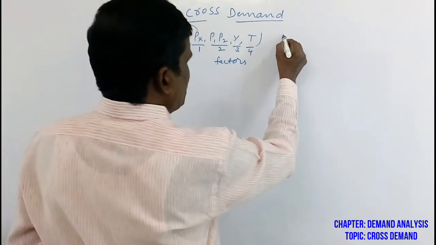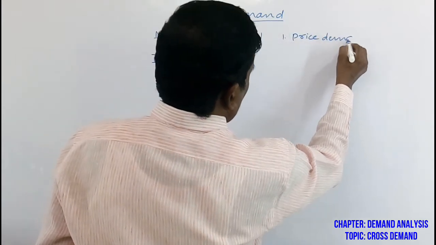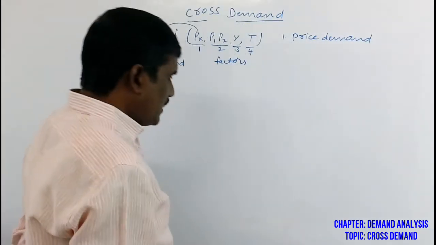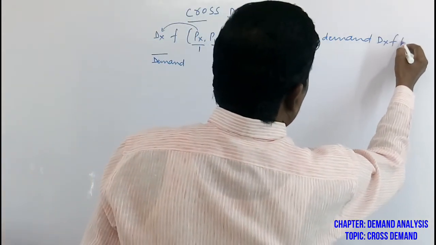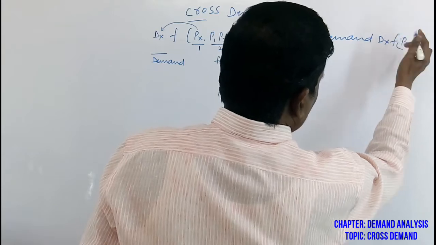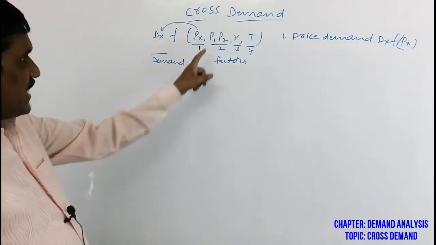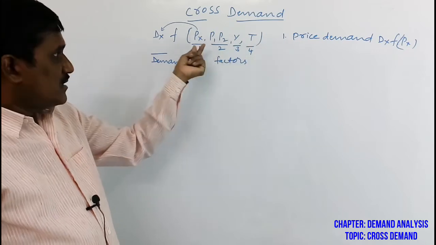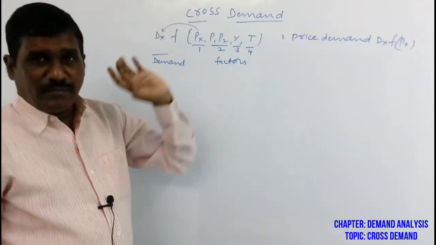So the first concept is price demand: Dx = f(Px). When the remaining factors are kept constant, the relationship between price and demand is called price demand.